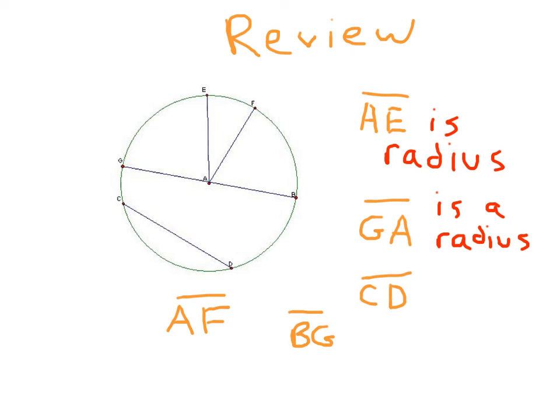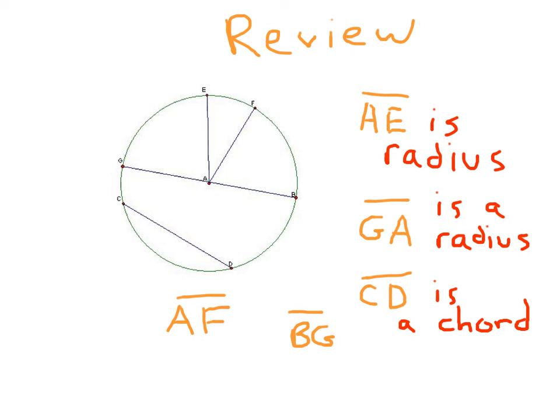Line segment CD, what is that called? It's called a chord. Out of the final two line segments that I've written on the screen, which is the diameter? Point at it.